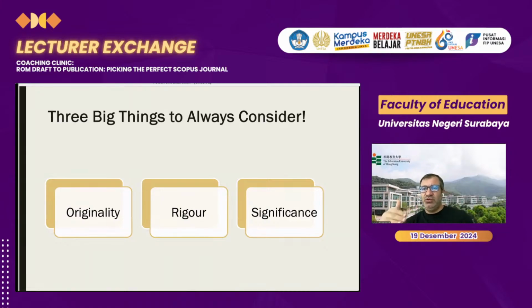But if you want to do a really high quality paper, to be published in high quality journals, it takes time. There is no quick recommendation or shortcut to publish in a good journal. You need to take time for the preparation, development, revision, and make it a good article in order to publish in a good journal. So at first, I need to give you some information about what makes a good article.